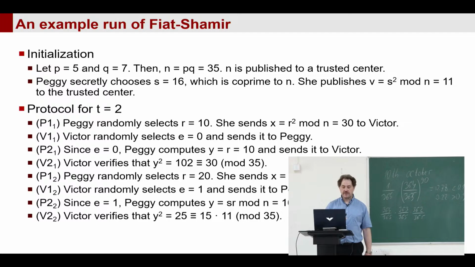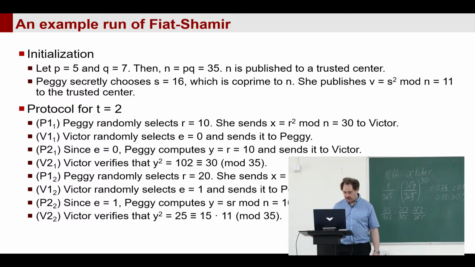Let's take a look at how the protocol could run, say for 2 iterations. First iteration, Peggy randomly selects a value, say 10 in this example. She calculates 10 squared modulo 35, which is equal to 30, and sends it to Victor.